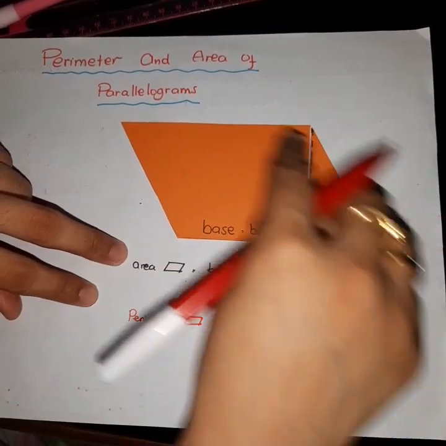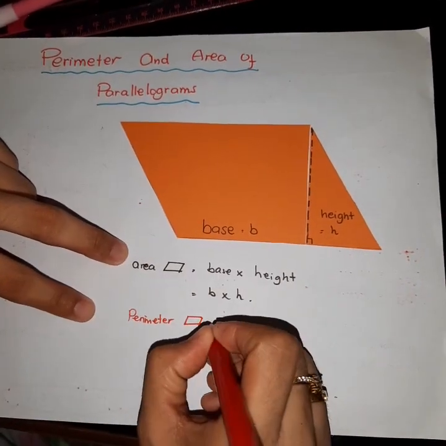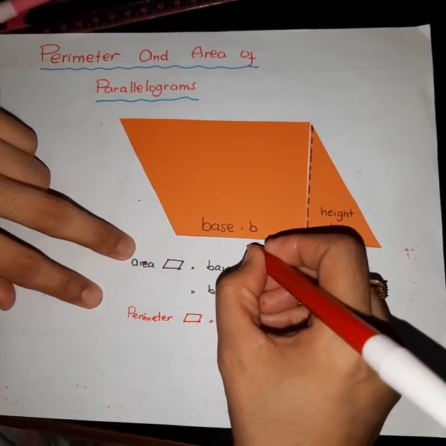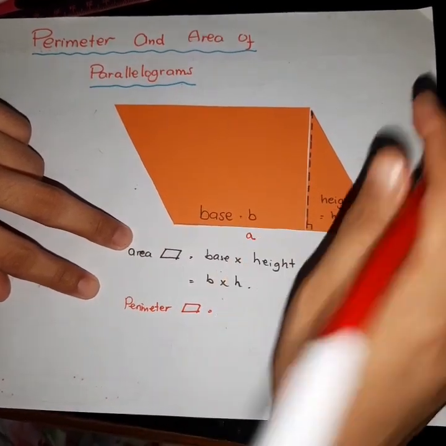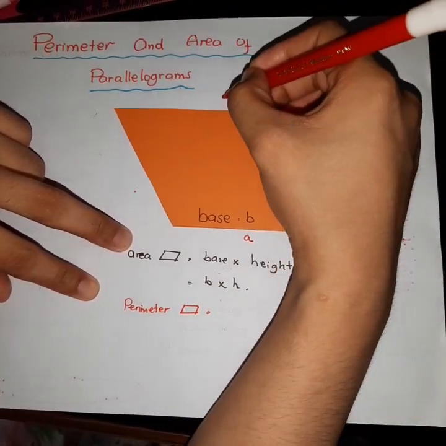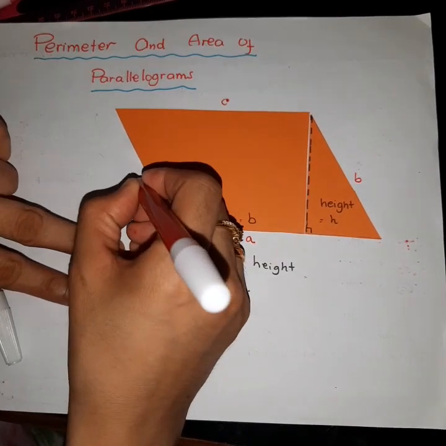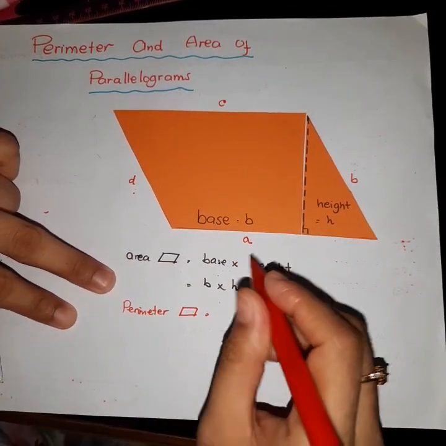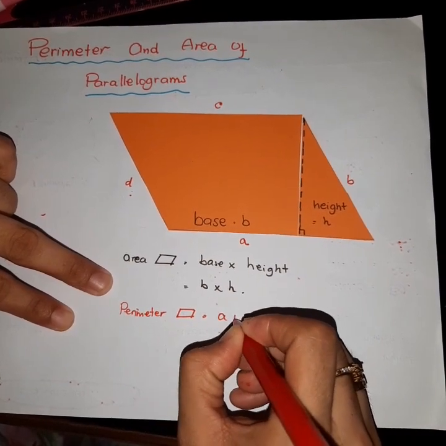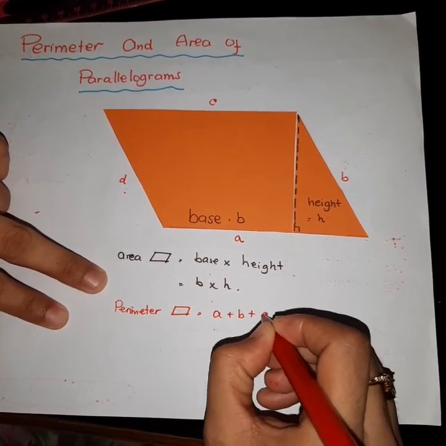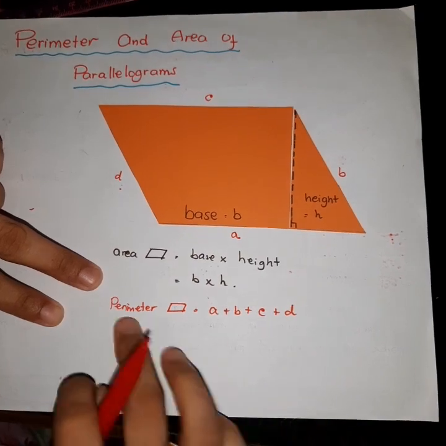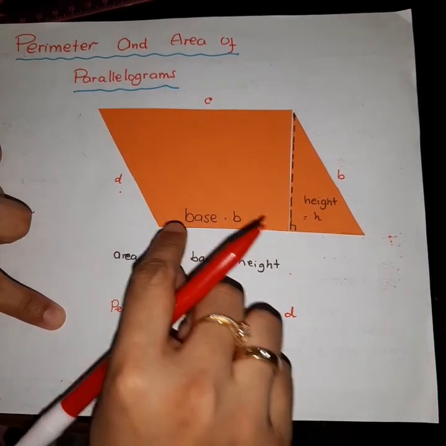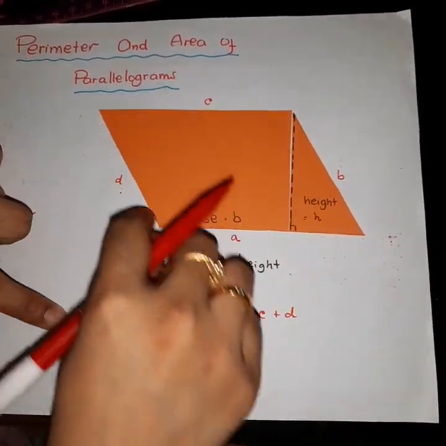If I say that this side is A, this side is B, this side is C, and this side is D, then the perimeter of the parallelogram is simply A plus B plus C plus D. That's it, because the perimeter is only the length of all the sides.